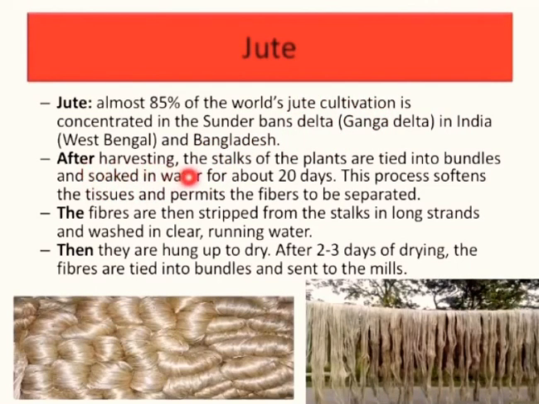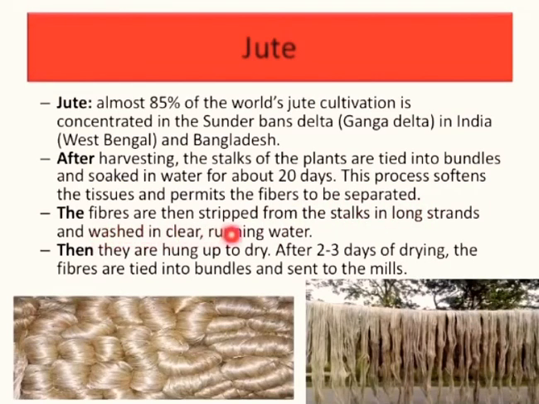After harvesting, the stalks of the plant are tied into bundles and then soaked in water for about 20 days. They keep these stalks in the water, and in this process the stalks soften and the tissues are softened and permit the fiber to be separated.